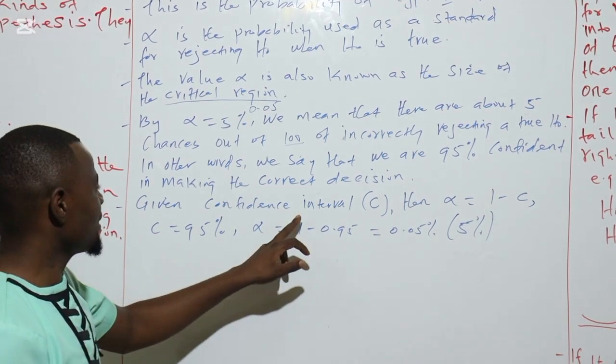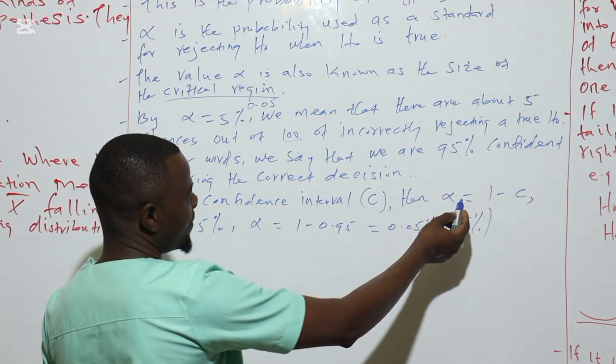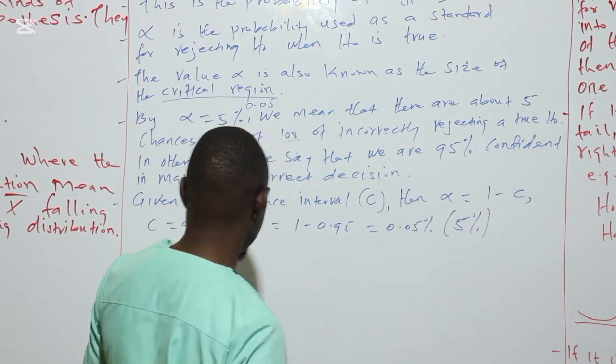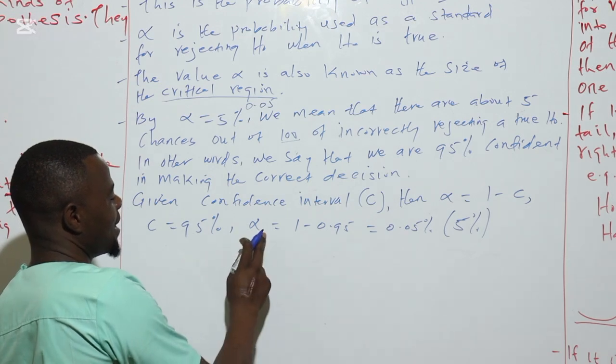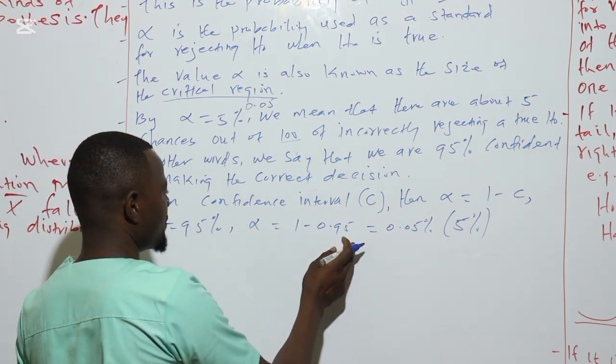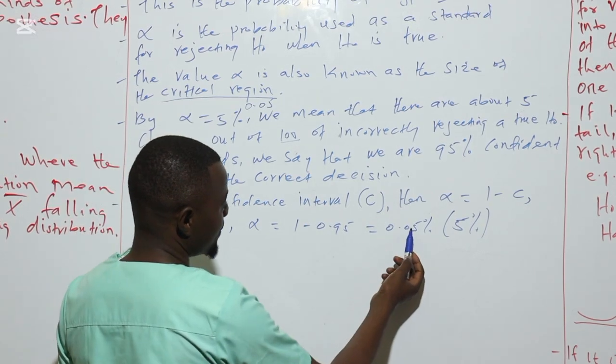So when given confidence interval C, then alpha is 1 minus C. So when C is 95%, then alpha will be 1 minus 0.95. 95% is the same as 0.95, which is 0.05.